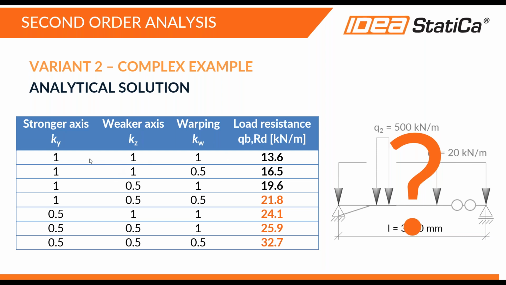Then if I would proceed, say 1 is hinged, 0.5 is rigid. Yeah, so there's actually also no space for semi-rigid. So I would have to somehow interpolate or guess the other factors from the table. And if I would go to the other end of the table, that means fully rigid supports, I would end up with this value here.